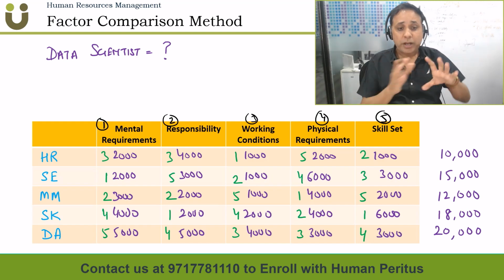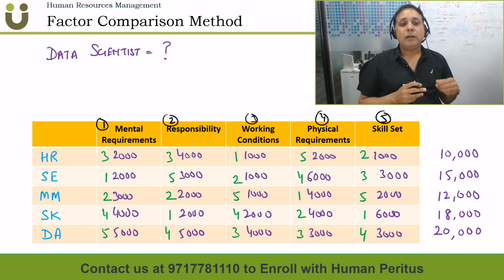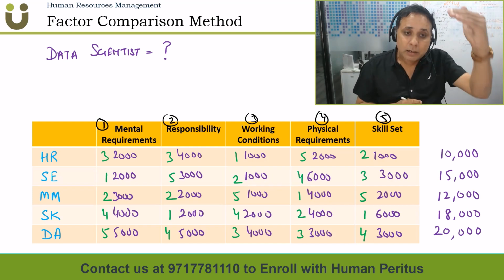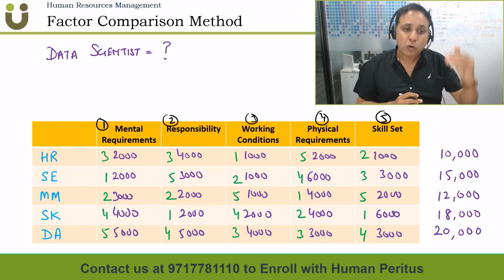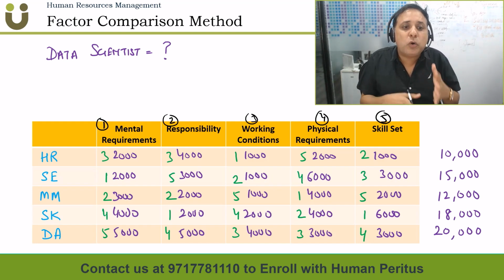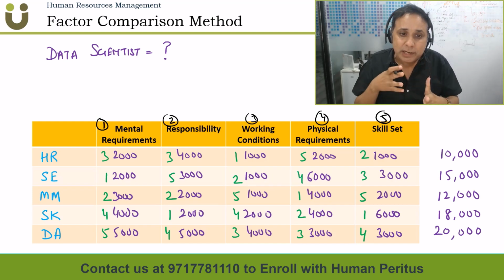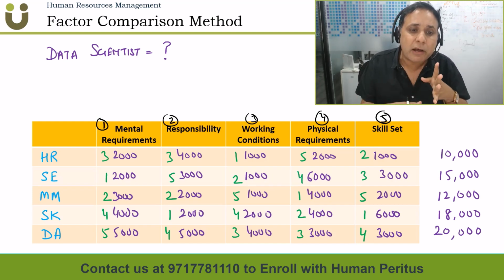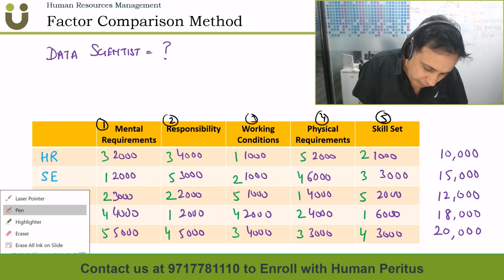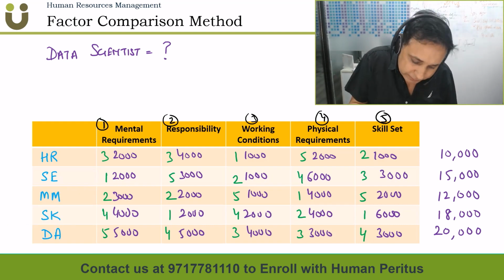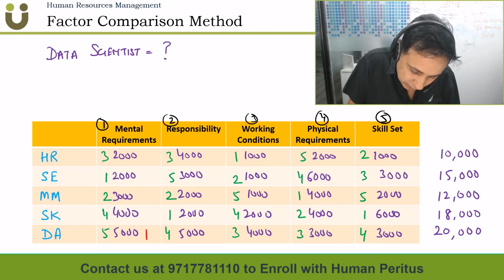So now I have allocated the money this way. Now what do I do? I rank once again, for each factor, all five jobs based on the wage rate, the money which I have allocated. So for mental requirement, who gets the first rank? 5,000.